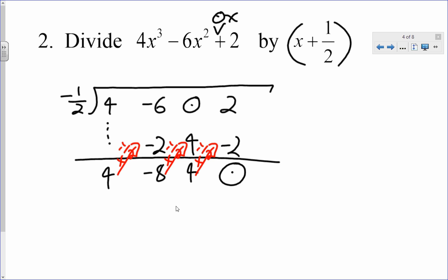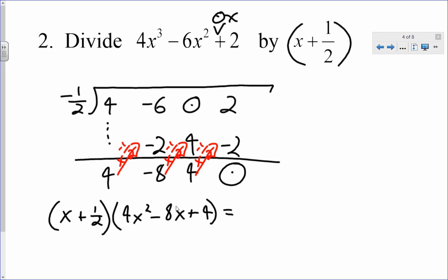So this tells me that x plus 1/2 times 4x squared minus 8x plus 4 is equal to 4x cubed minus 6x squared plus 2.